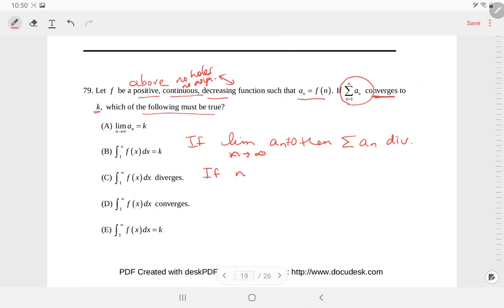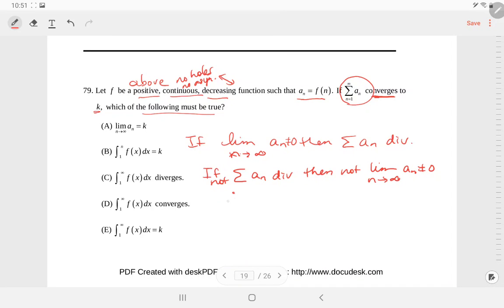So I don't think this is actually related, because looking at all the answers, they look like the integral test. But let's check. If it's not true that this diverges, then it's not true that the limit as n approaches infinity is not 0.